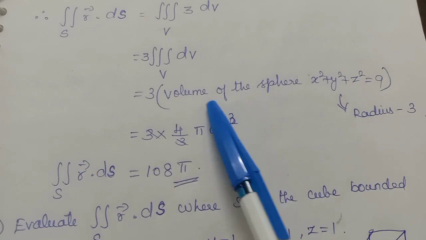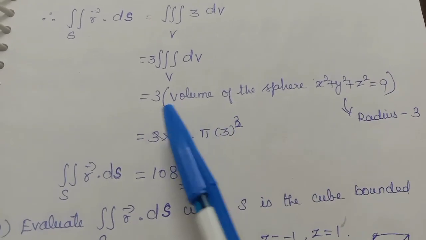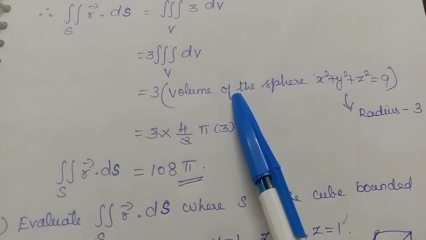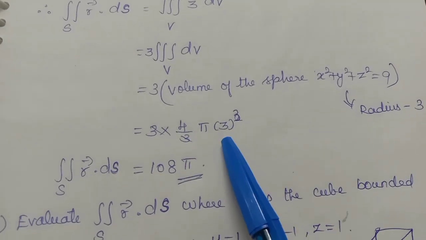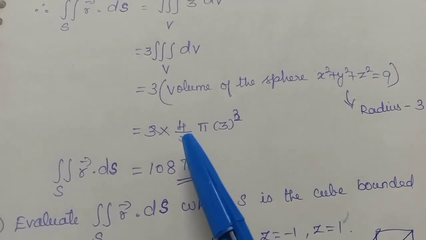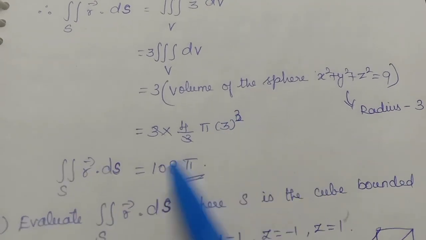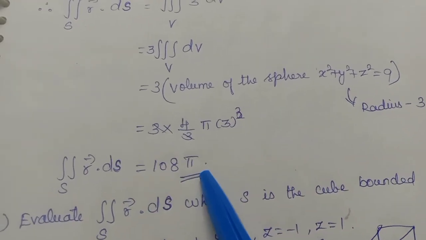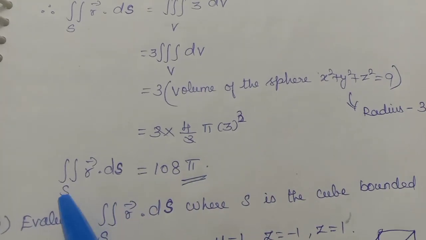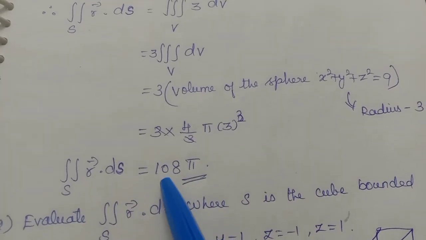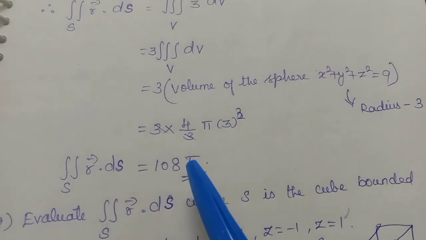Now substitute in the volume of the sphere, which is 4 by 3 pi r cube. Here the radius is 3, so 3 into 4 by 3 into pi into 3 cube. Simplification gives you 108 pi. So this is the value of the double integral over S of r dot dS over the given sphere.